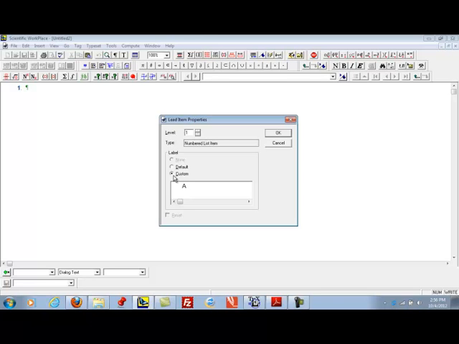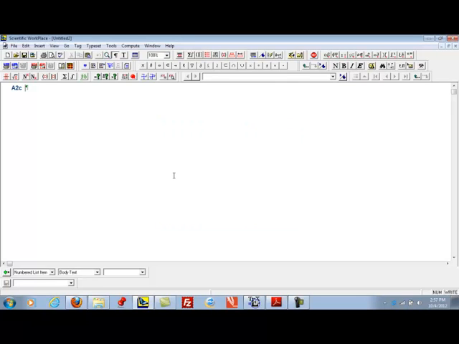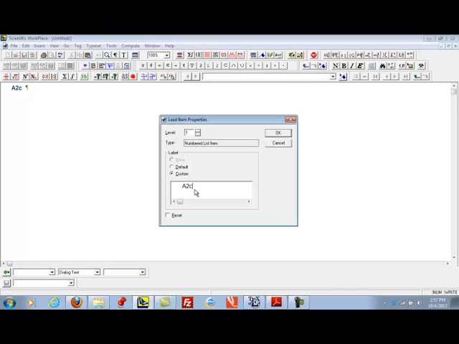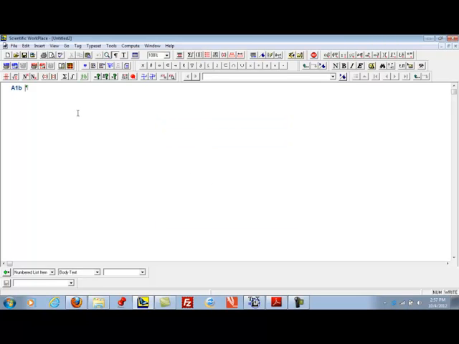Number 1B. Number 1A is very straightforward. So number 1B, there's a reason I can't see that up there. Is this chapter 10? Chapter 10.